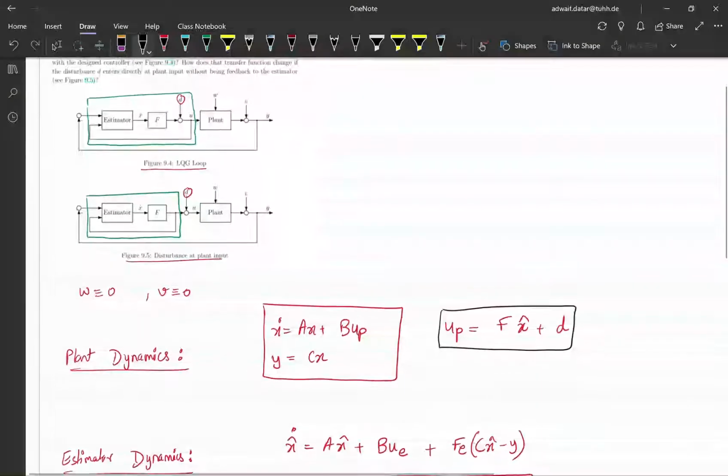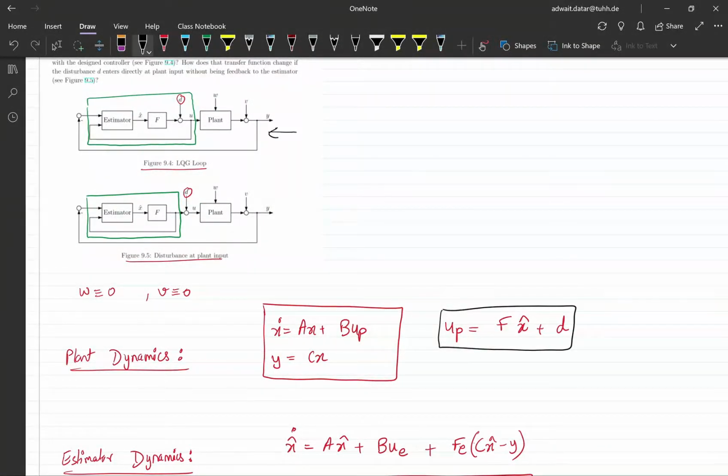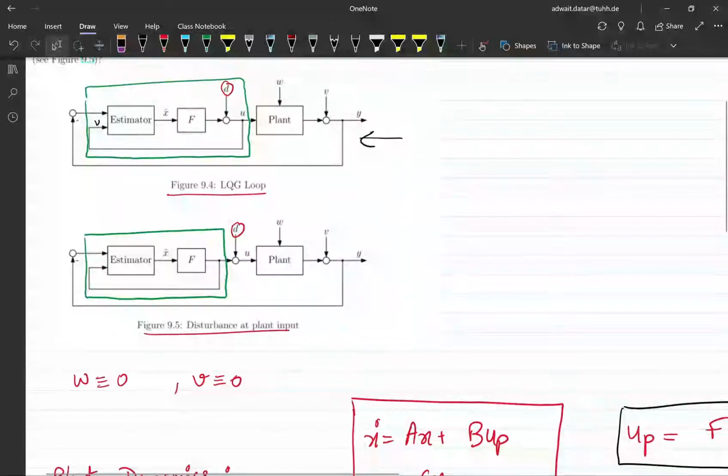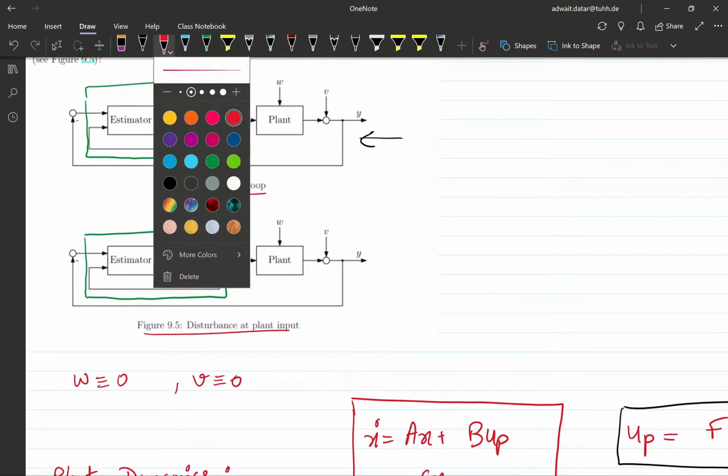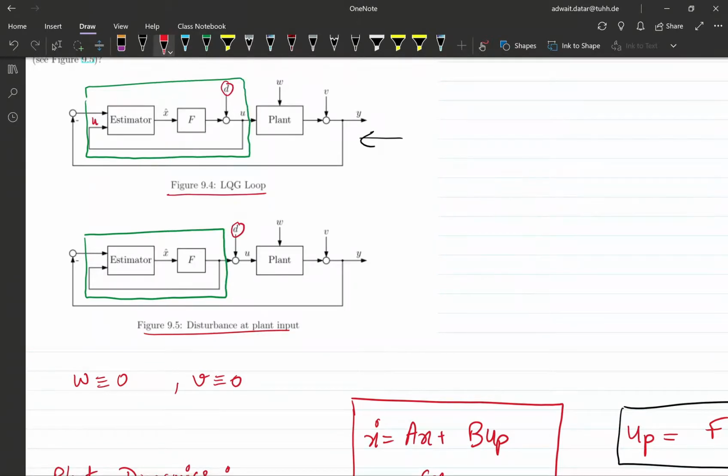So you can see that in 9.4 the estimator sees, so let me draw, so this is UE, and this one is UP.